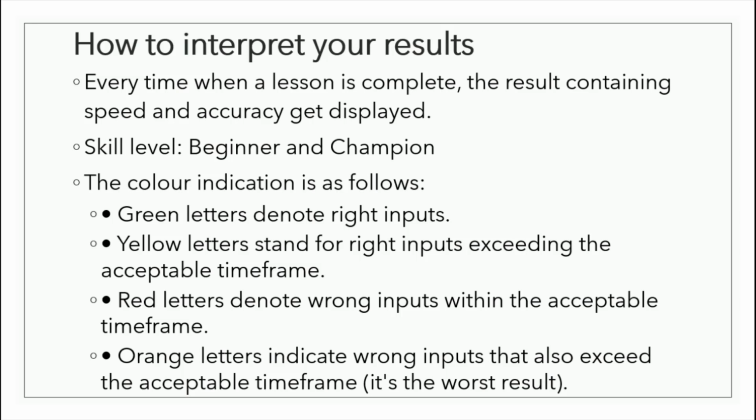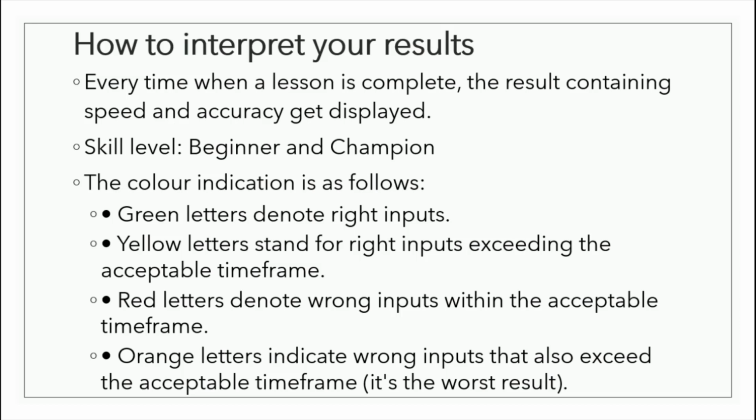Now, after you get your result, there are 4 colors which can be displayed. Green color indicates you have done the right inputs within time. Yellow letters indicate the time has been exceeded, but you have written the right alphabets, phrases or syllables.